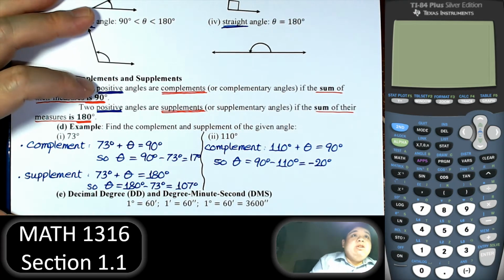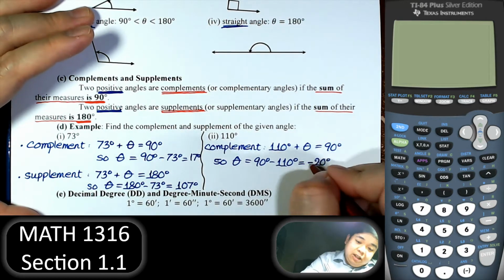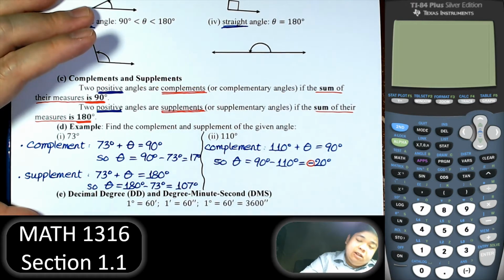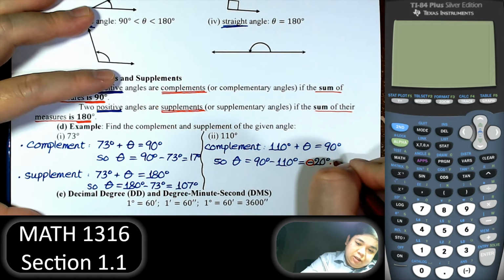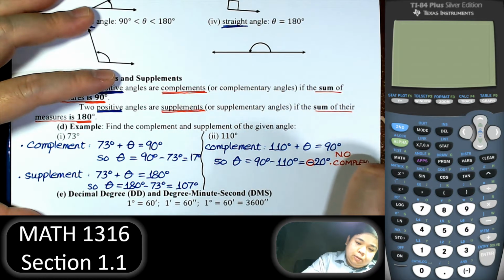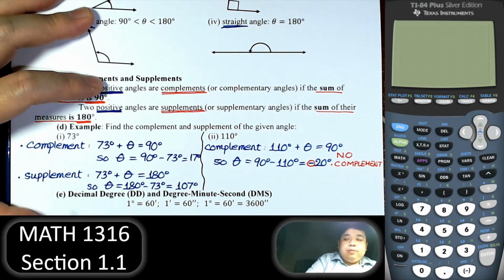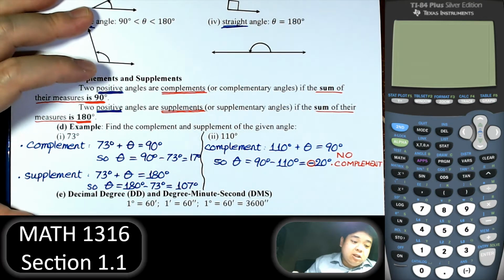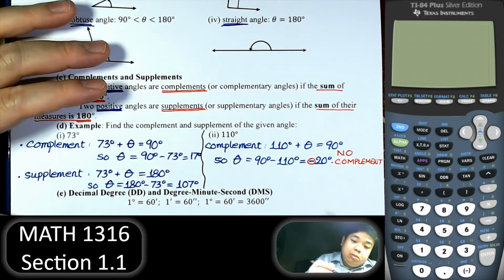And just by the definition that we have here, because it is negative, we say there's no complement, because the way we define it, both of the angles must be positive.